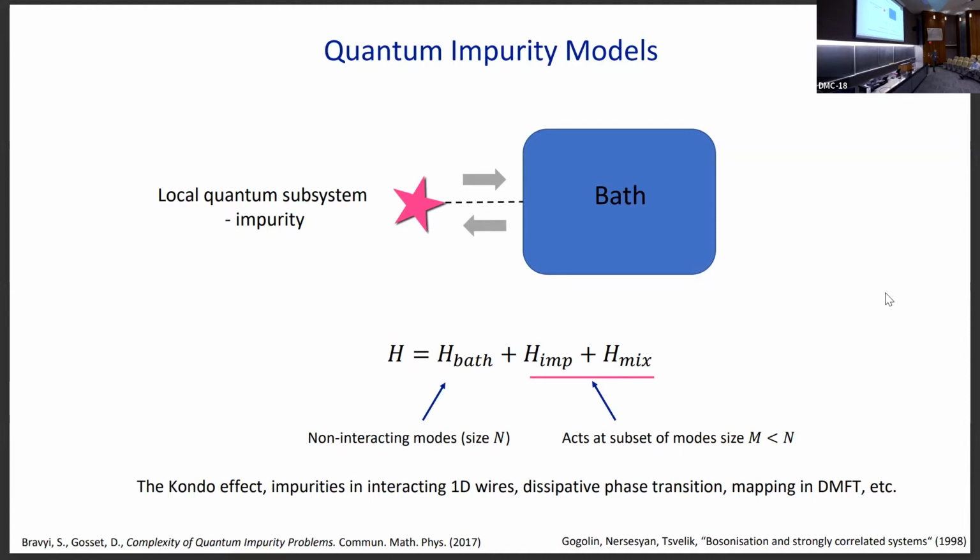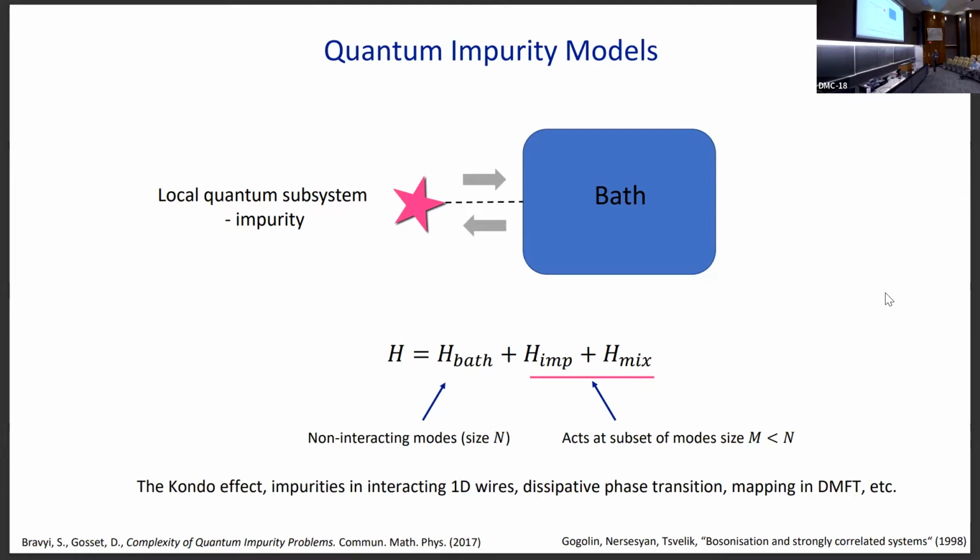And this is a hard problem. Its complexity scales exponentially with M, and it appears in many problems. It appears, for example, in a description of quantum impurities in Luttinger liquids, or dissipative phase transitions, and also, as we learned yesterday in one of the lectures, it's actually a building block in dynamical mean field theory.